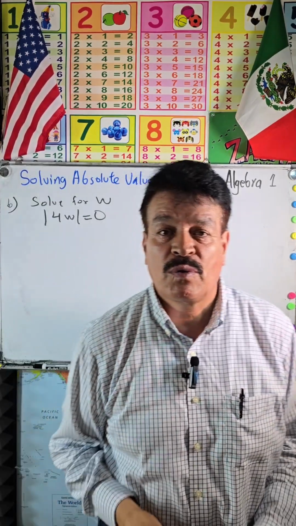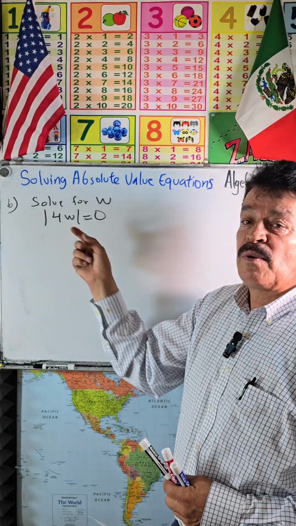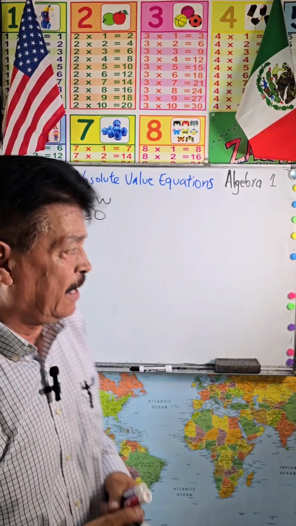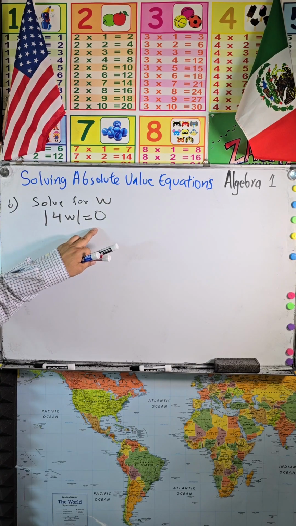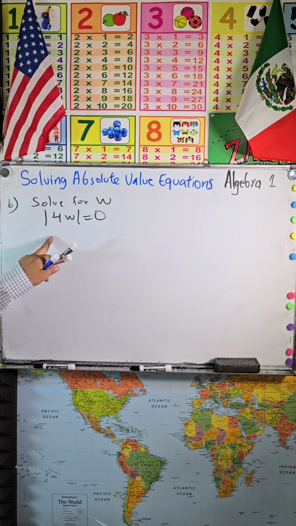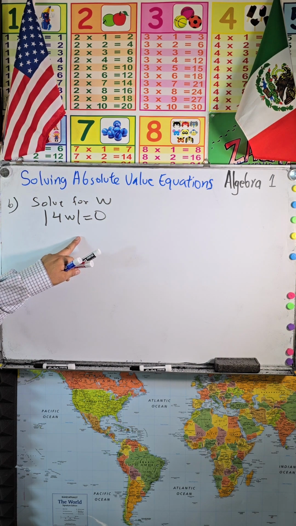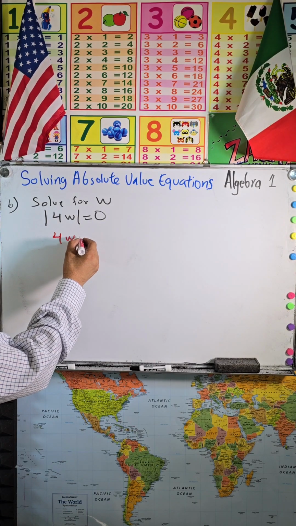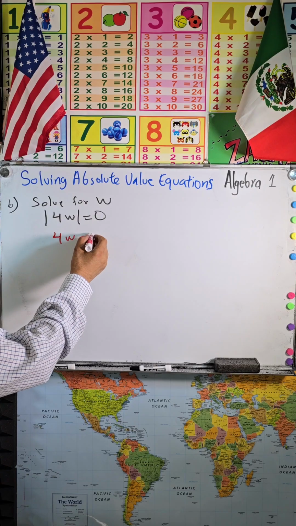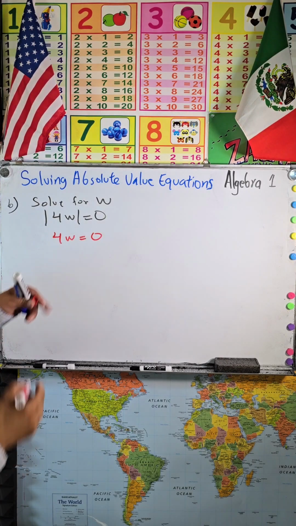In this case, we have to find the value of W. Since the absolute value is equal to 0, there is only one case to consider.